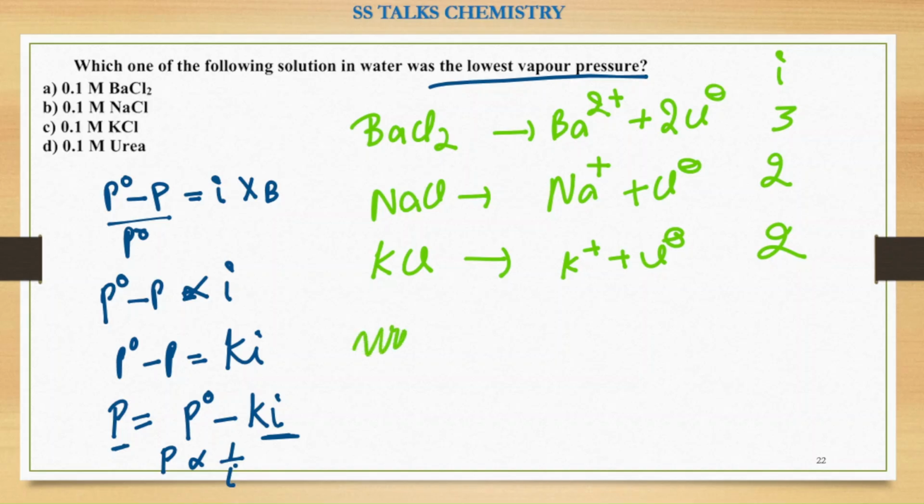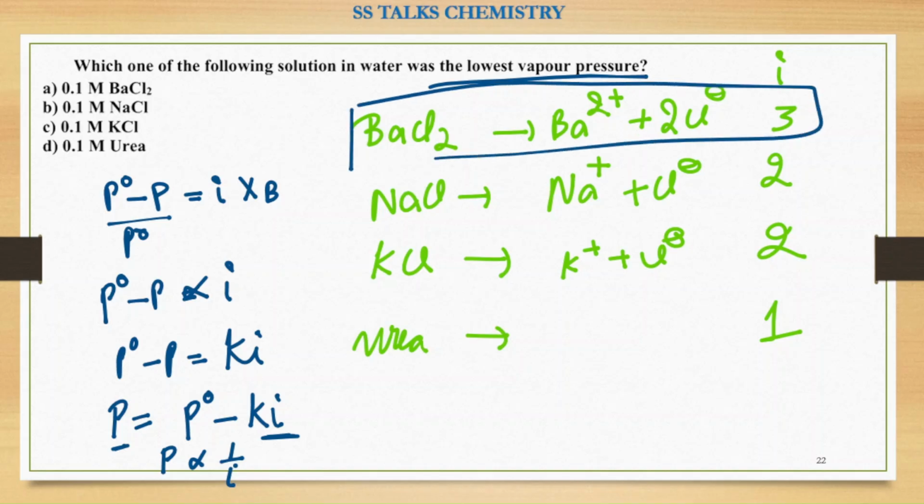Urea undergoes no dissociation, so the i value will be 1. So the maximum i value is in the case of barium chloride. That means the lowest vapor pressure will be in barium chloride only. So the correct answer is option A in this case.